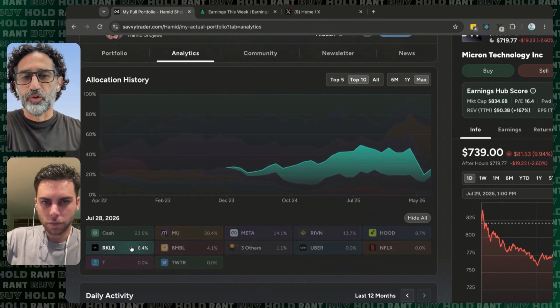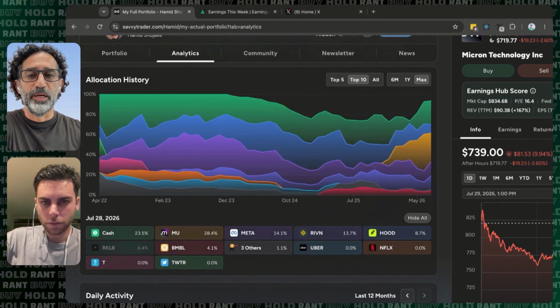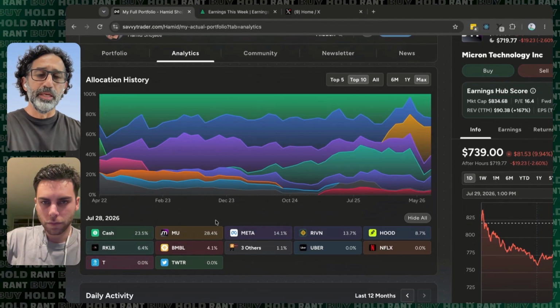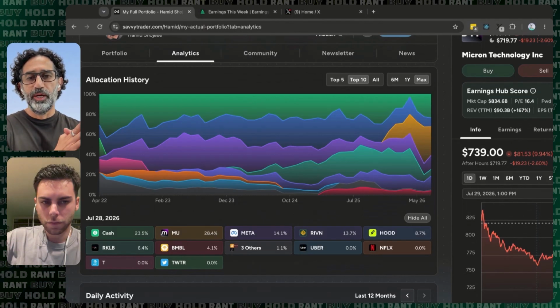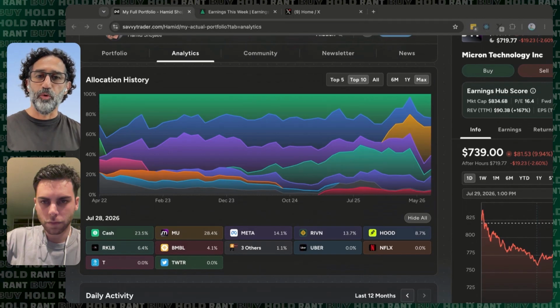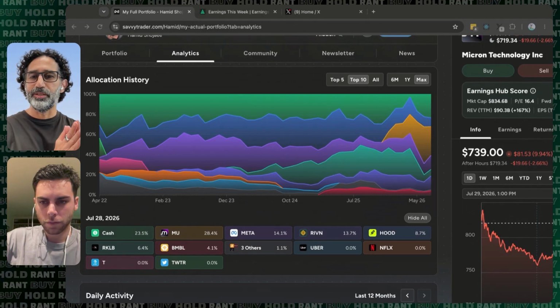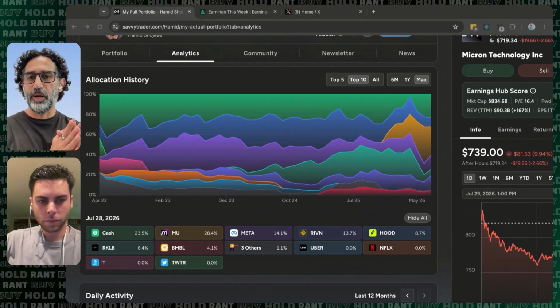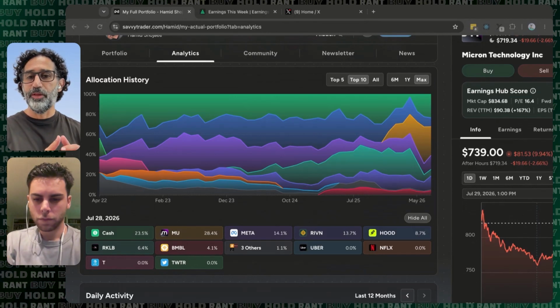The reason I had trimmed Rocket Lab pretty heavily is because the price had gotten so far ahead of its current performance, and at $150 a share, this is something that I've talked about before, I think it's great to own great companies, but valuation matters, and sometimes investors can get overly excited about a great company, and the valuation can get significantly ahead of its current performance.